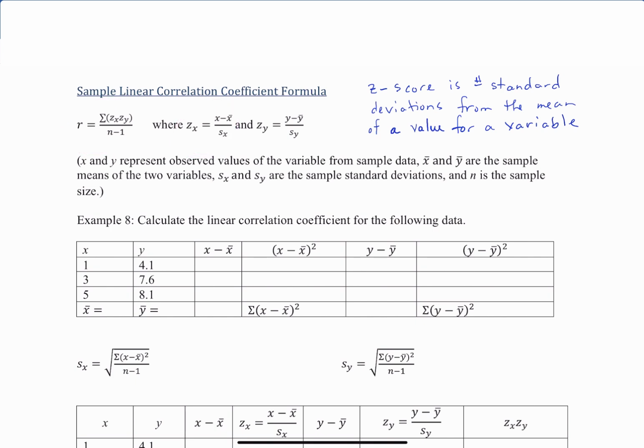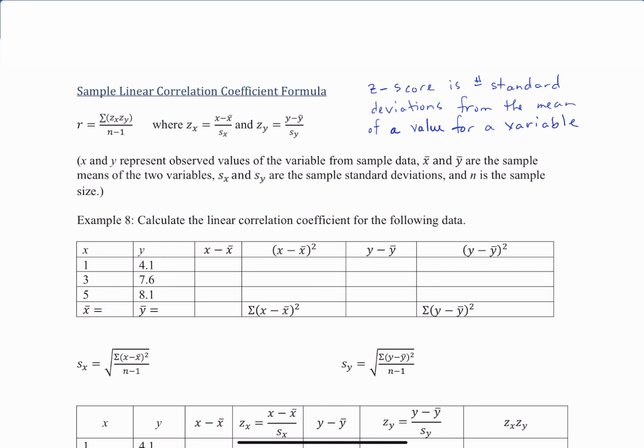Let's see an example of computing the linear correlation coefficient for a set of sample data. This is going to be pretty involved, doing it by hand, so I've kept the data set really tiny. It's so tiny that it's almost silly to do this, but if it was bigger, we just wouldn't be able to do this by hand and see an example of using the formula.